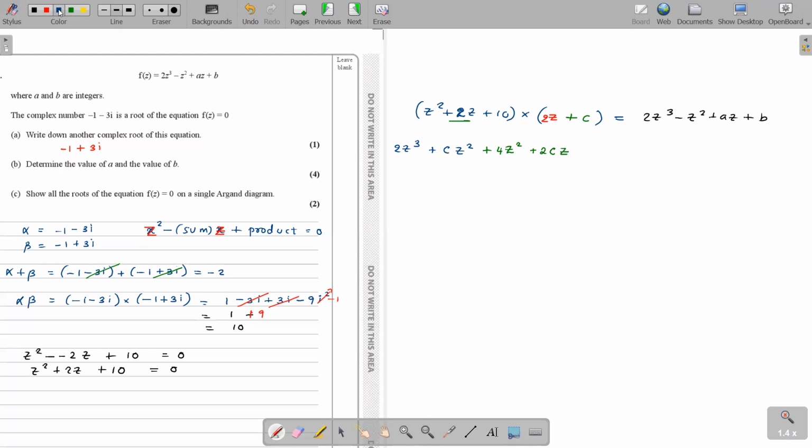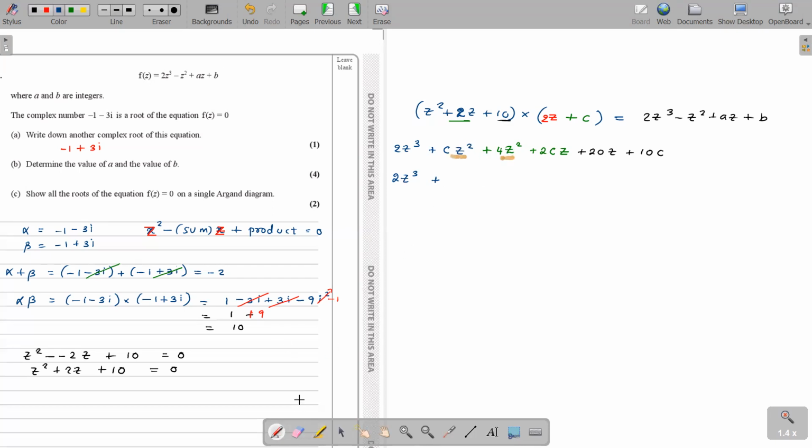Then the next one, I have to multiply with 10. 10 times 2z is 20z, plus 10 times c is 10c. Let's rearrange this equation. I want to create the z squares, z terms, and separate everything. You can see z cube only comes from one term. The next one is the z square. You can see z square is there in two terms.